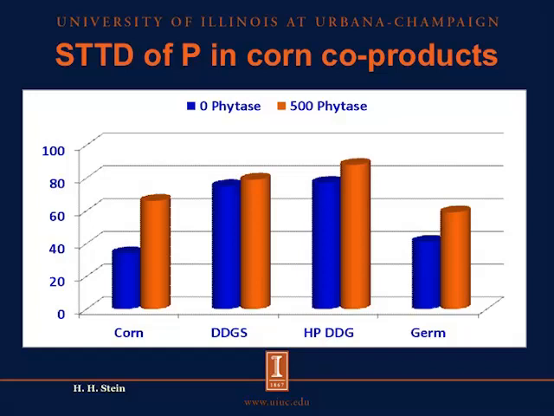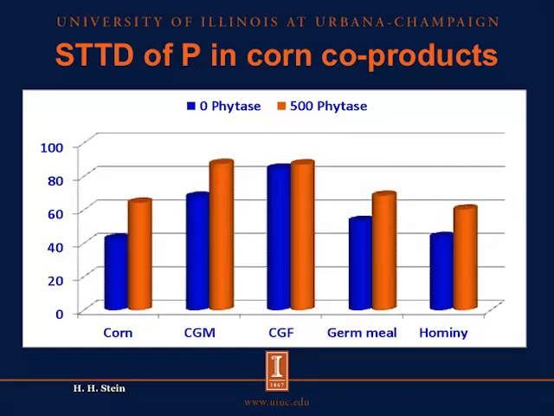So the conclusion here is that DDGS and high protein DDG have a high digestibility of phosphorus, whereas the unfermented products, which are corn and corn germ, have a much lower digestibility, but the digestibility in corn and corn germ may be improved if we add microbial phytase to the diets.